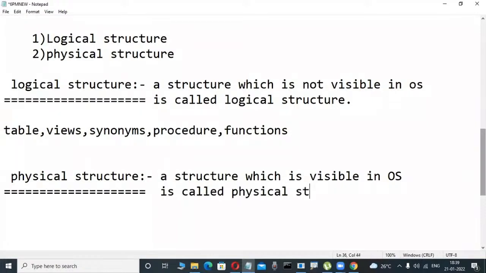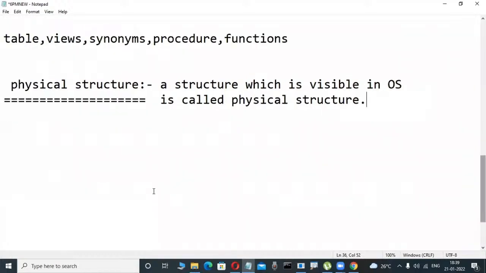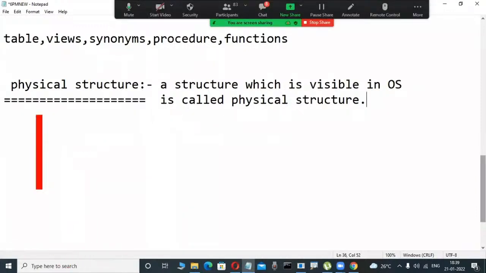Who are the persons working in this physical structure? Observe here, it's a big concept. I'm just telling the definition side, because today I'll tell you which definition is correct for database. A structure which is visible in the operating system is called the physical structure. Suppose I am installing software, some physical files are created on the disk.